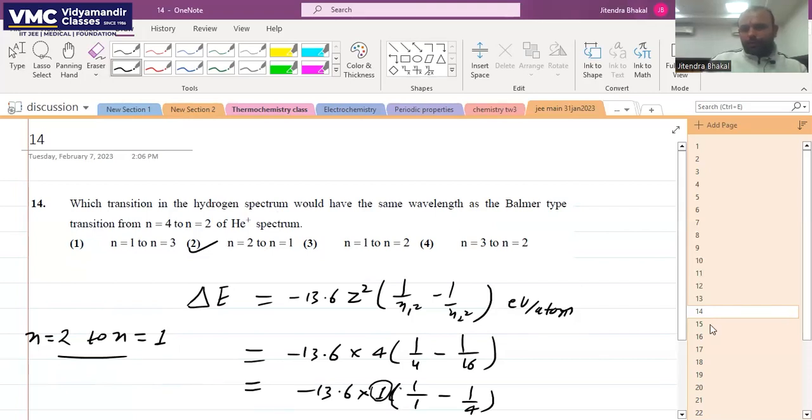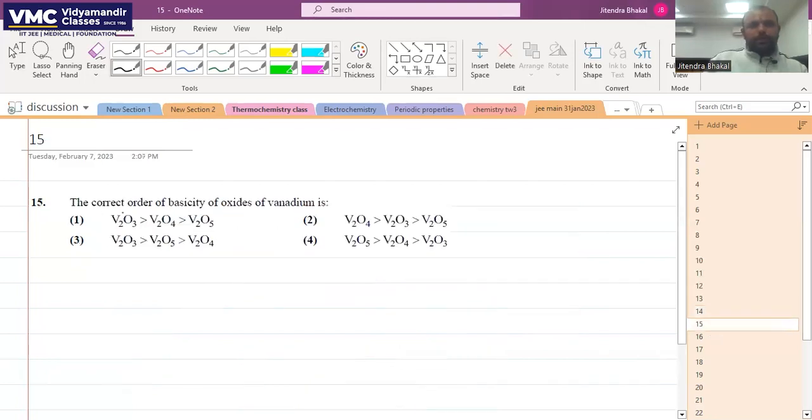And question number 15. The correct order of basicity of oxides of vanadium. Now, as the oxidation number of the metal increases, the acidic nature of its oxide increases.